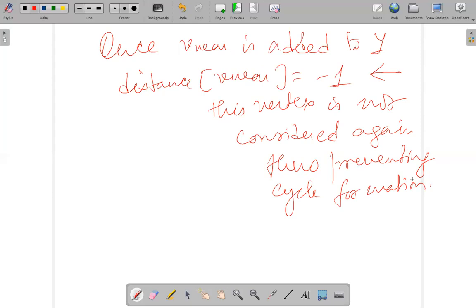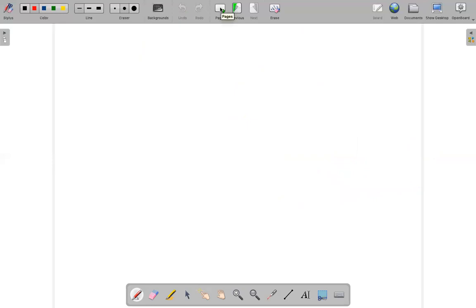Okay. So now, given all this paraphernalia, let us see how we can write a C-style pseudocode. The problem is to determine a minimum spanning tree.